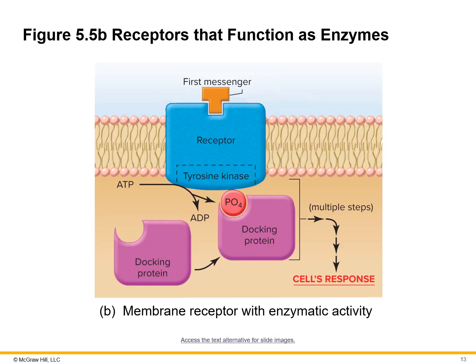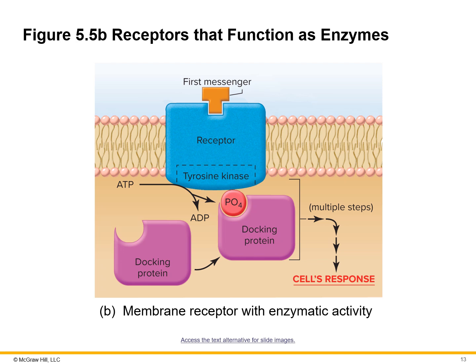So let's take a look at it. Our first messenger sits in the receptor, causes a breakup of ATP. If you cut off one of the three phosphates, you get a phosphate that will bind to the tyrosine kinase, which is an enzyme.